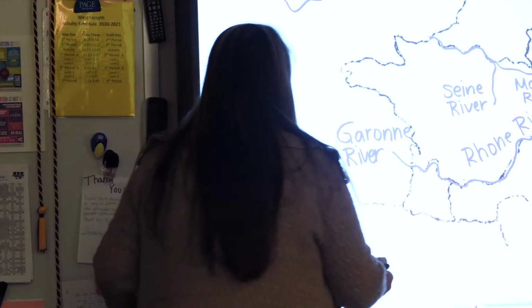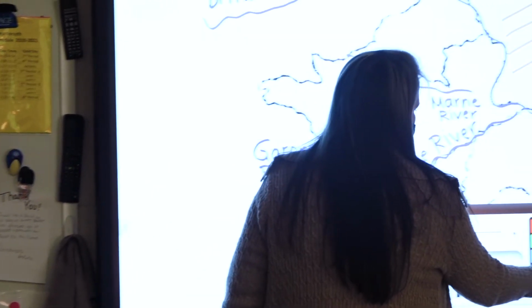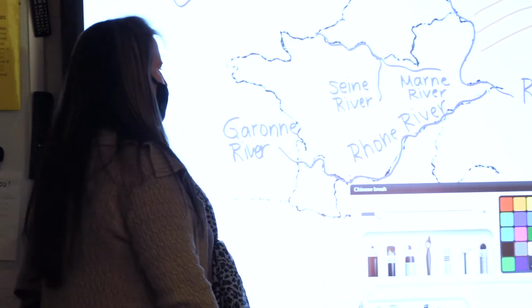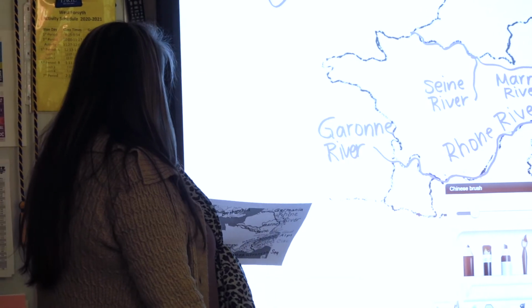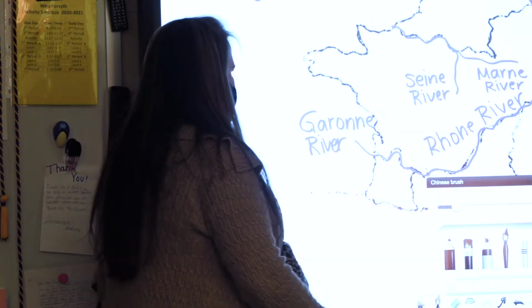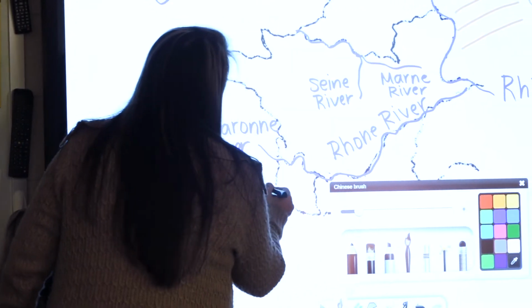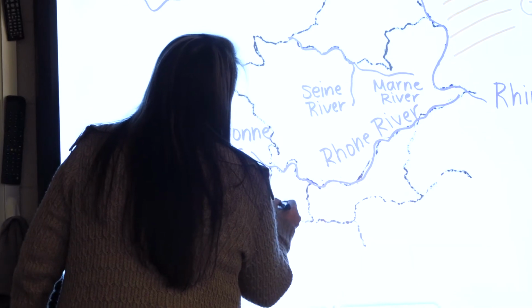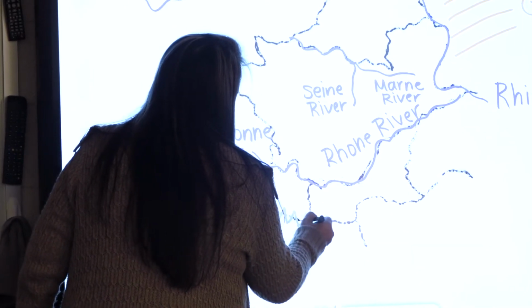Okay, I'm going to change colors. I'm going to move it to, well, it's kind of a brown color. It's kind of a tan color. I'm going to move it because we are going to add in our mountains. So we've got a set of mountains right here.